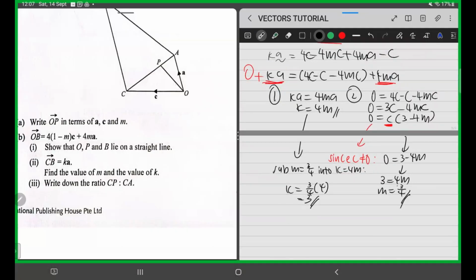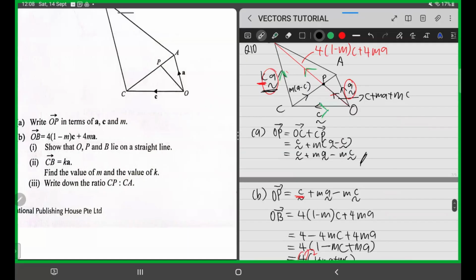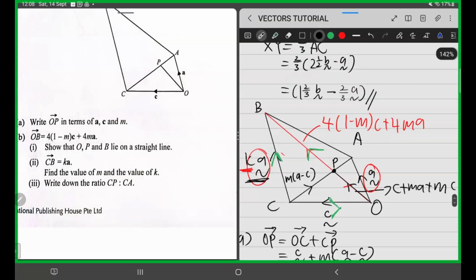All right. Then part i. They say write down the ratio of CP is to CA. So we come back to our drawing over here. CP is to CA. So now you want to find what is this ratio. How can we find the ratio?